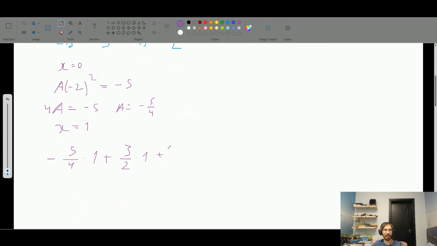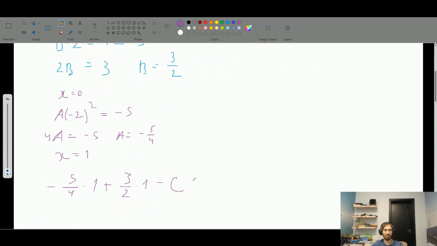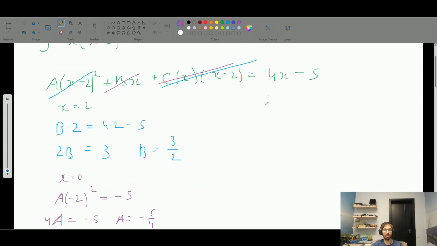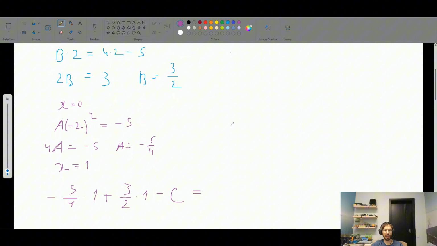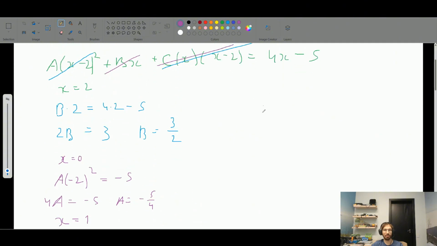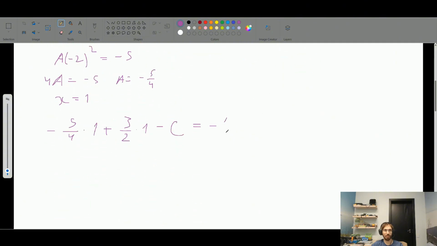So it will be minus c, in fact. So minus c will be 4x minus 5. When x is 1, it will be 4 minus 5 equals minus 1.